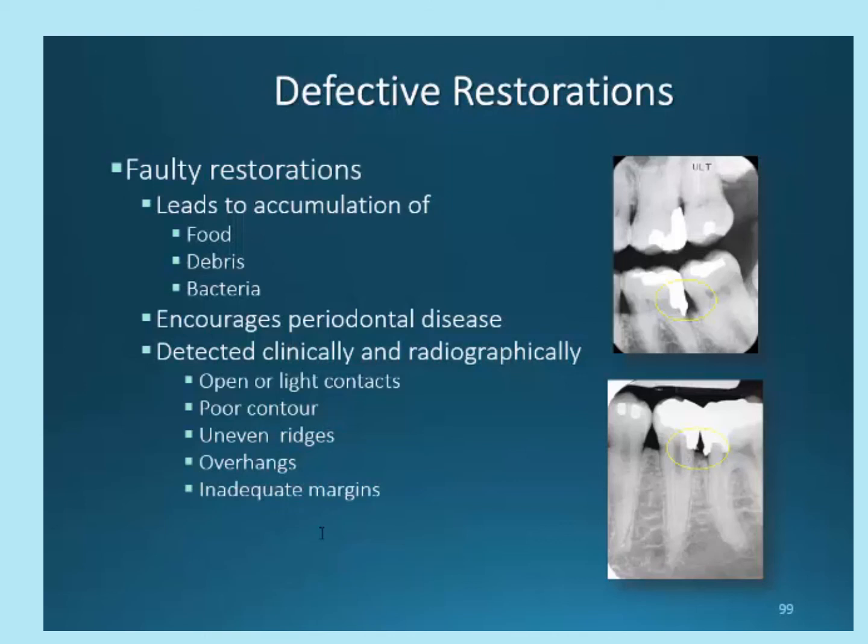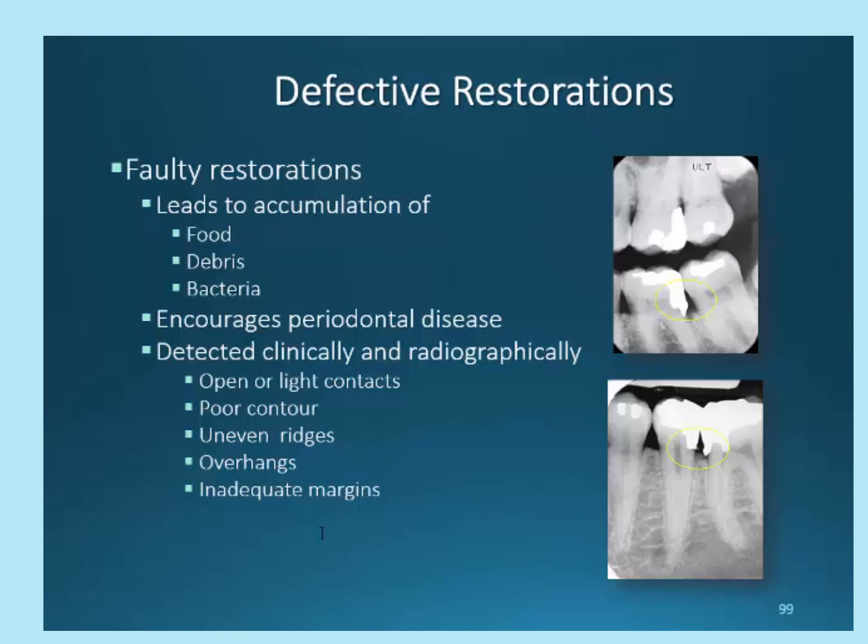Defective restorations I mentioned earlier, and we discussed the overlapping and the overhangs, how these are very, very bad for the health of the dentition. They will hold food debris, bacteria, bring on gum disease. They can be detected both clinically and radiographically.